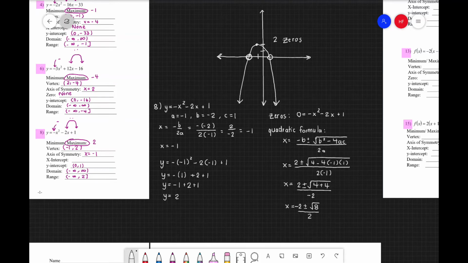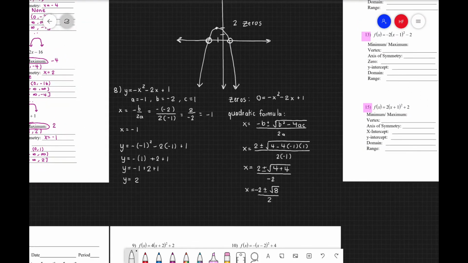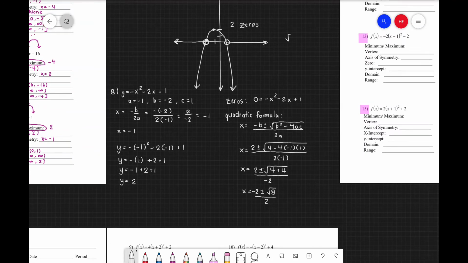Square root of 8. Let's rationalize. I know y'all don't like rationalizing. So we've got 2 times 4, which is 2 times 2. So that gives me a pair here with a leftover 2. So this is 2 square root of 2.